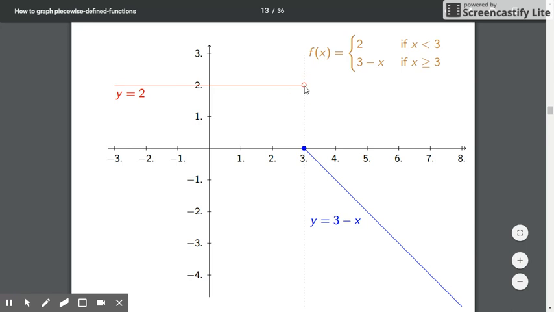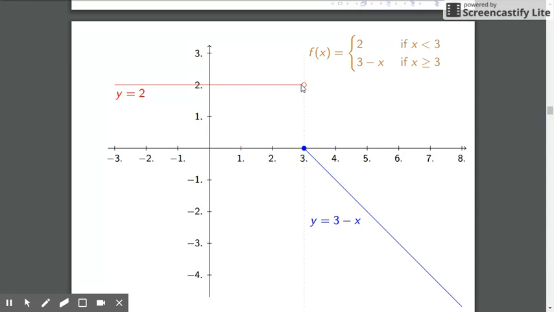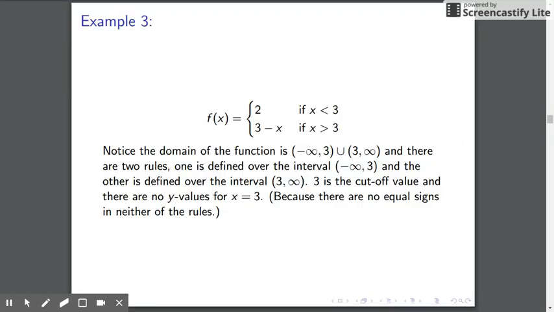So that path is ending up here, but we don't have a y value for x equal to 3 on it. But we do have a y value for x equal to 3 on this path, and that would be the filled circle.